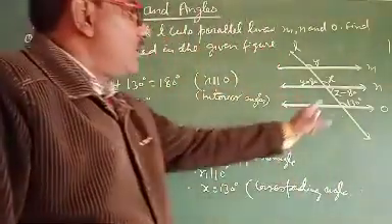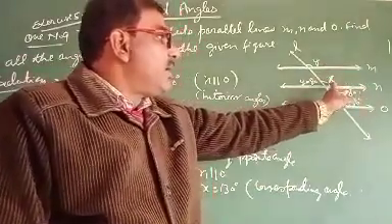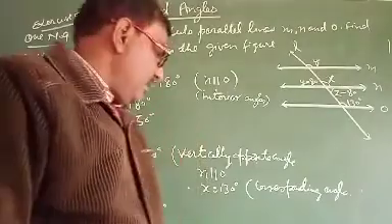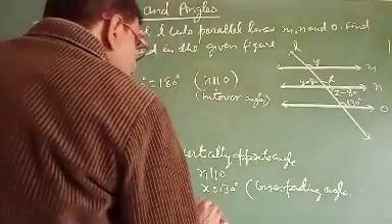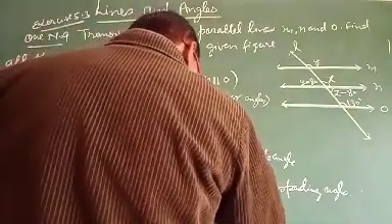Now X equal Y because M is parallel to O, and X and Y are corresponding angles. Y equal X, corresponding angle.